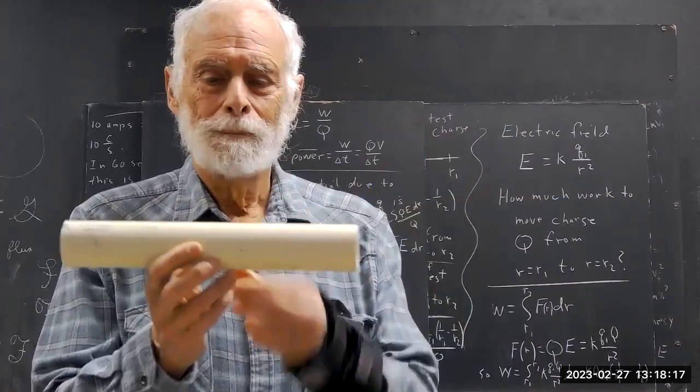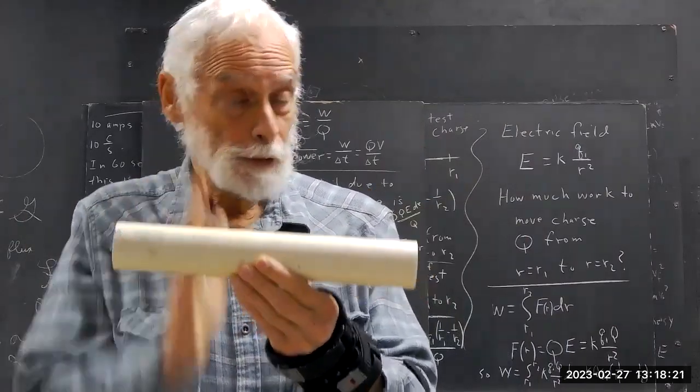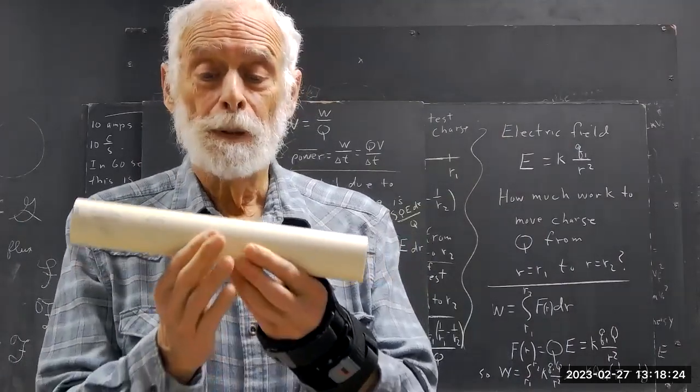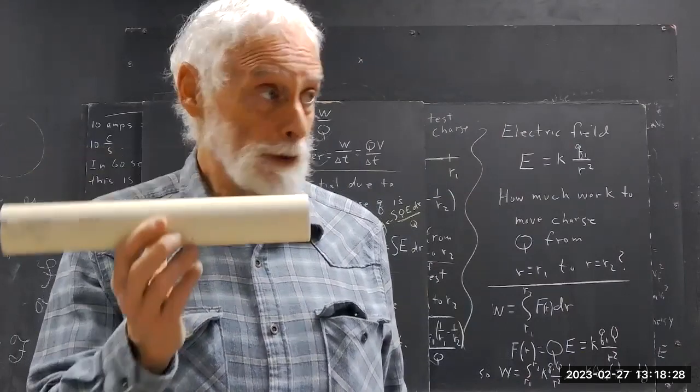Now, this thing has a cross-sectional area. If you multiply that cross-sectional area by sigma, you see how much charge is enclosed in this thing, right?